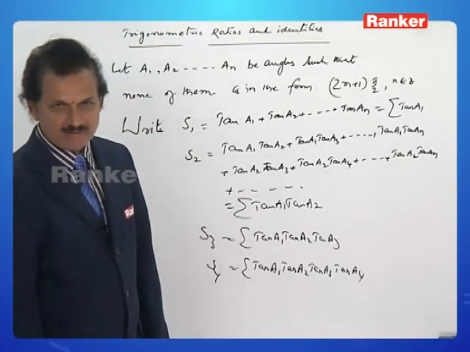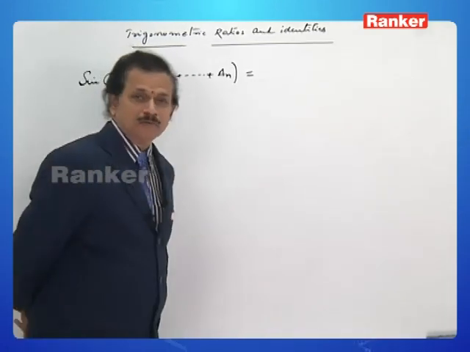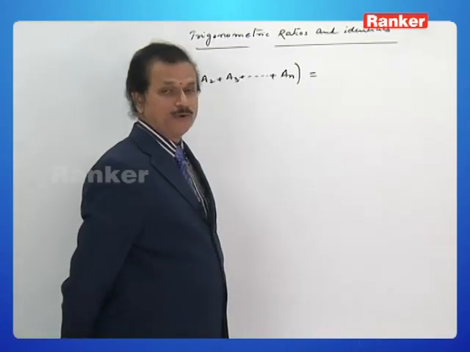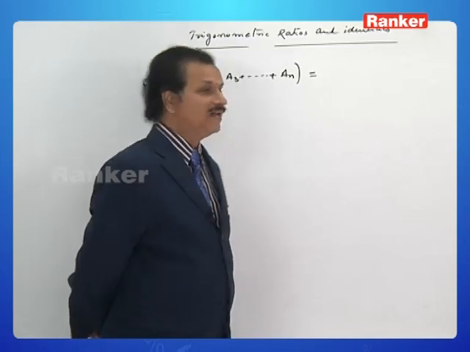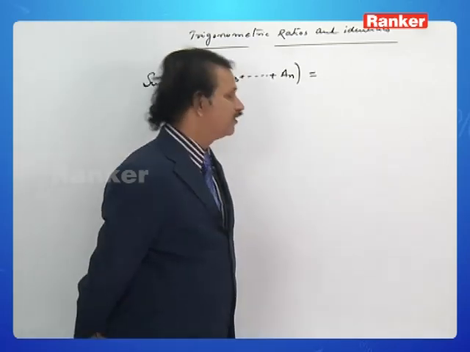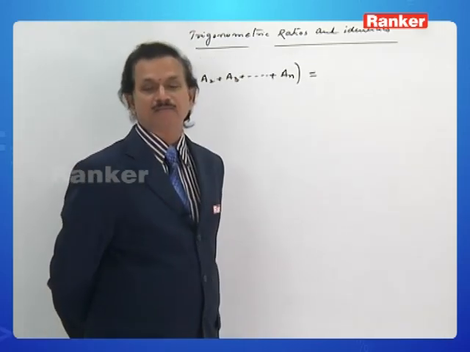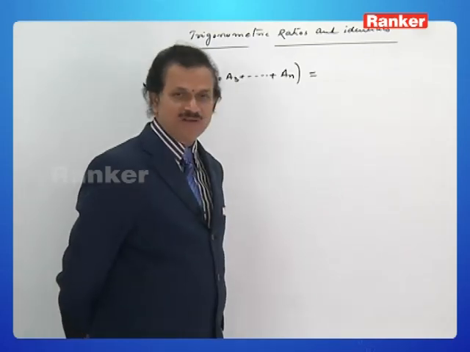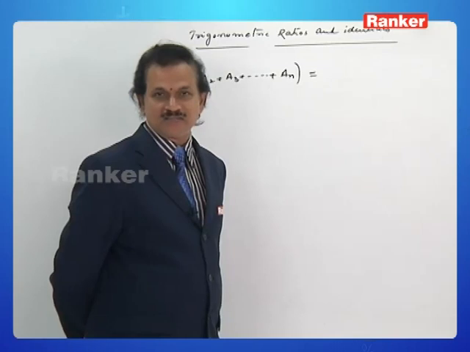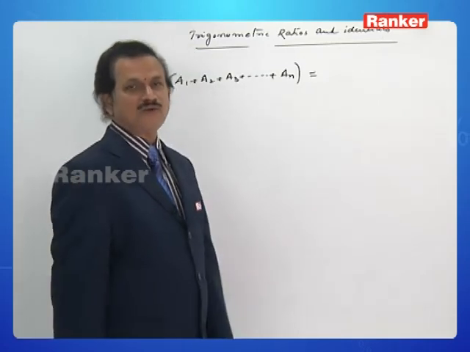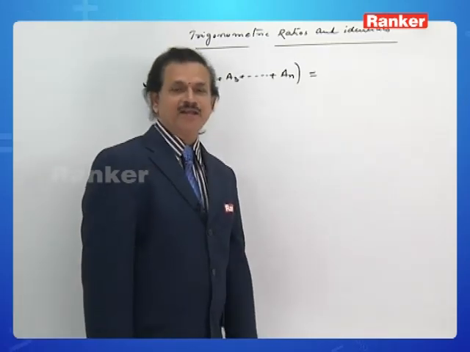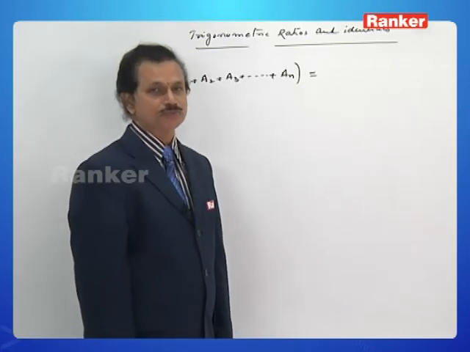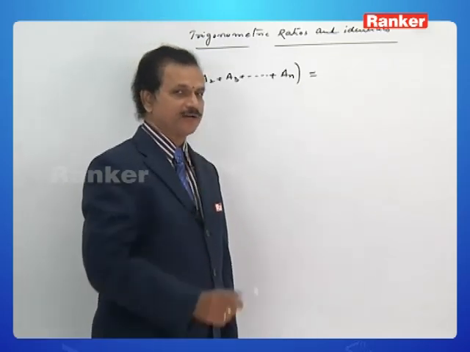My dear friends, my dear boys and girls, don't forget, while obtaining this sin of A1 plus A2 plus A3 plus etc. AN, we are supposed to use the symbolism which we have just discussed previously. So for that purpose, none of A1, A2, etc. AN is in the form 2n plus 1 into pi by 2. You please do not forget it.